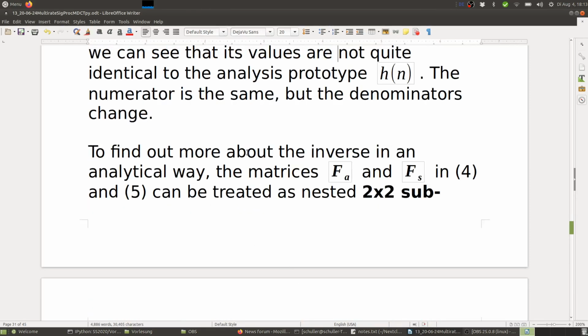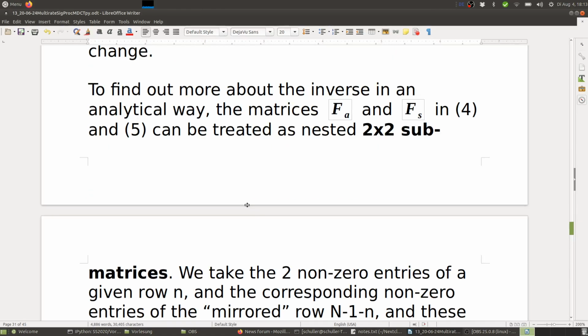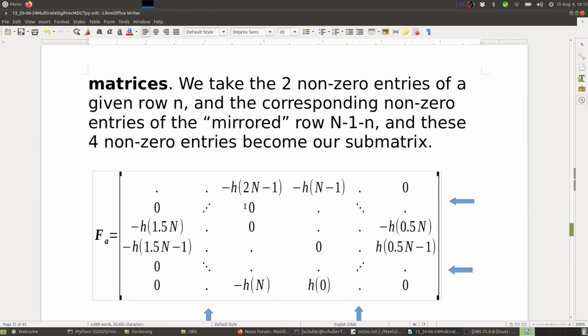To find out more about the inverse in an analytical way, the matrices Fa and Fs in 4 and 5, the definition of Fa and Fs, can be treated as nested 2x2 submatrices. Right?